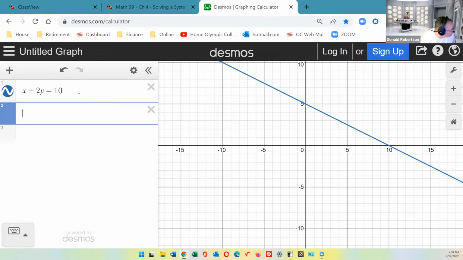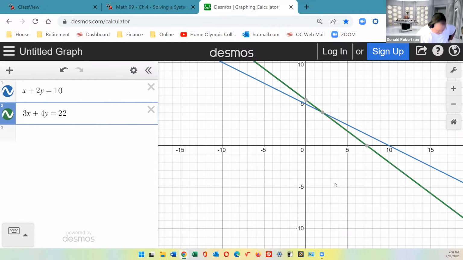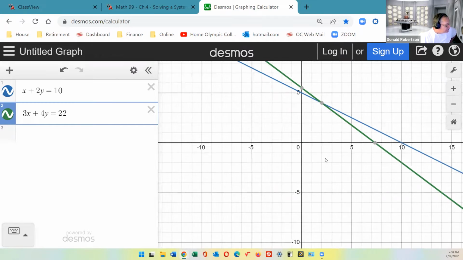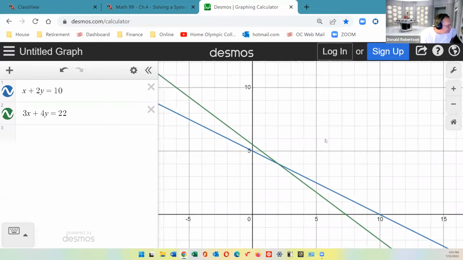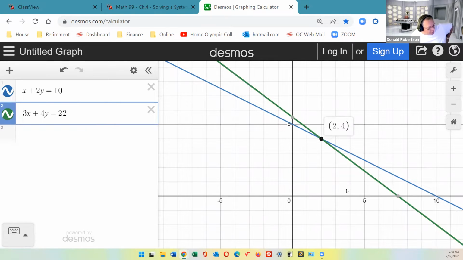You then hit enter, and the second equation we had is 3x plus 4y equals 22, and that happens to be the green line. Now, if I zoom in a little bit, can you see that they cross exactly there? And can you see that's x equals 2, y equals 4, just like we said it was.